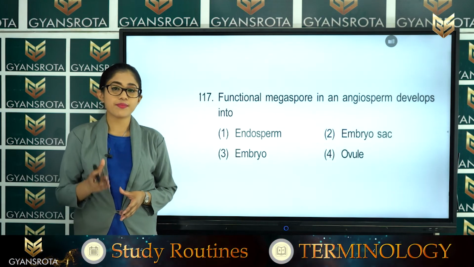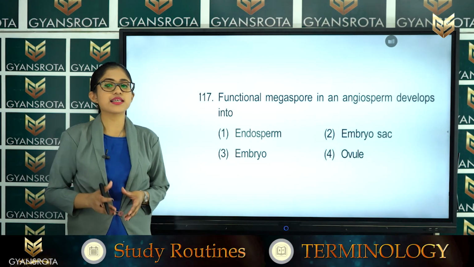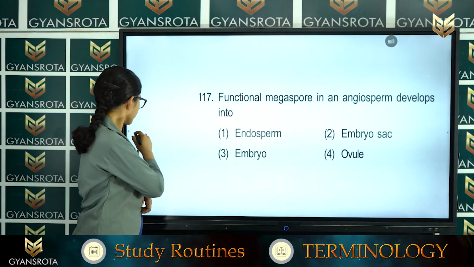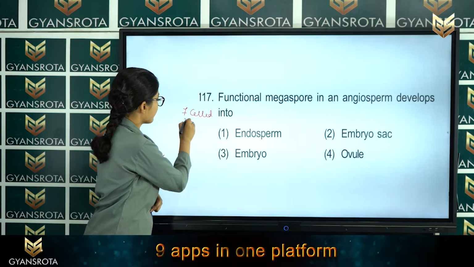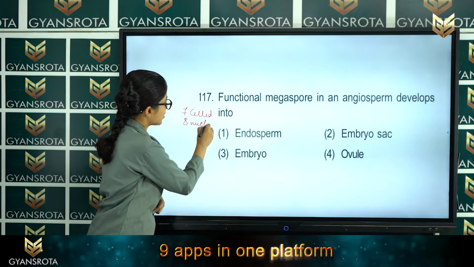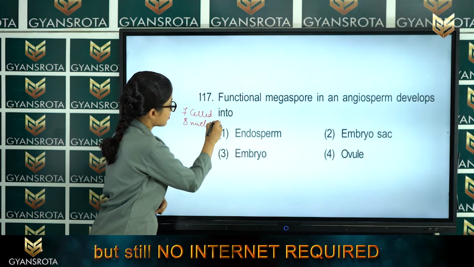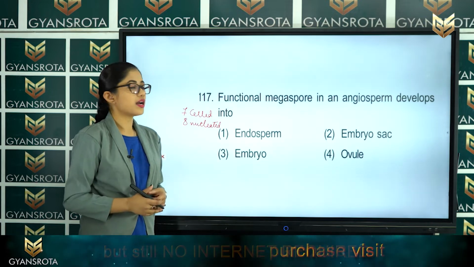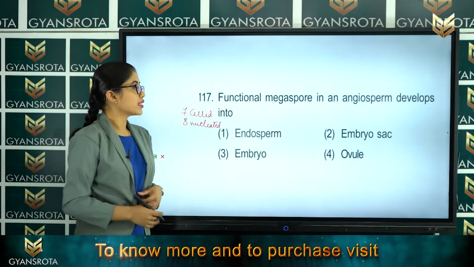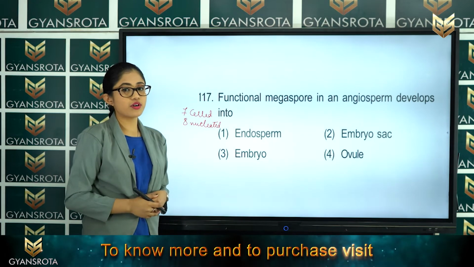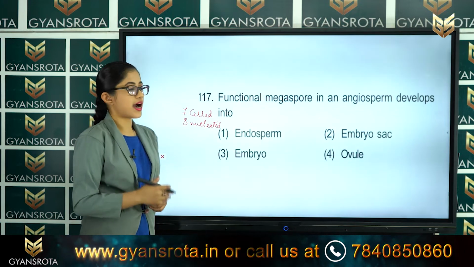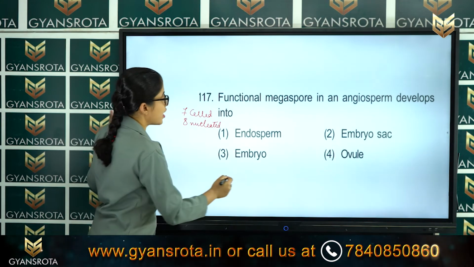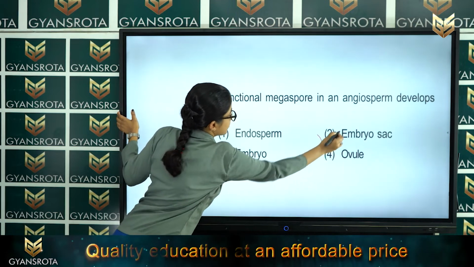So, you know the embryo sac is 7-celled and 8-nucleate. Out of the megaspores, one is the functional megaspore of an angiosperm, and that develops into the embryo sac. So, option number 2 is the correct answer.